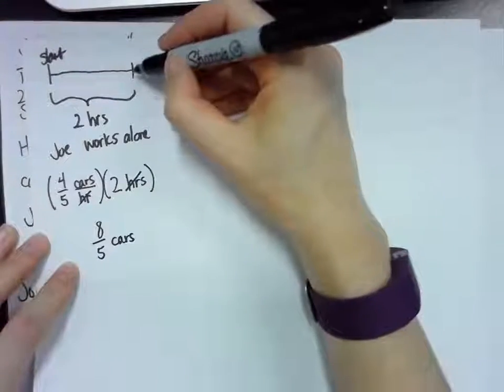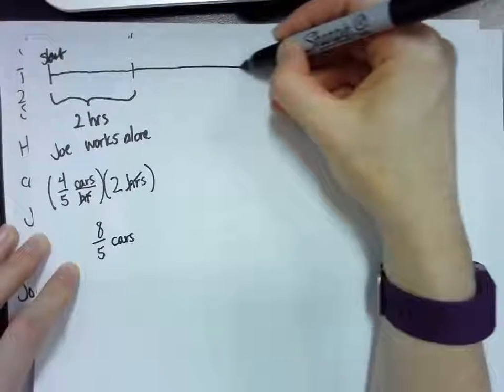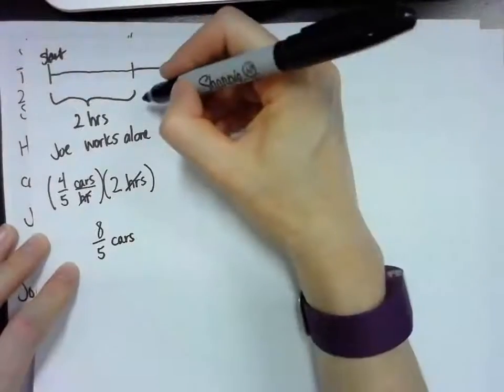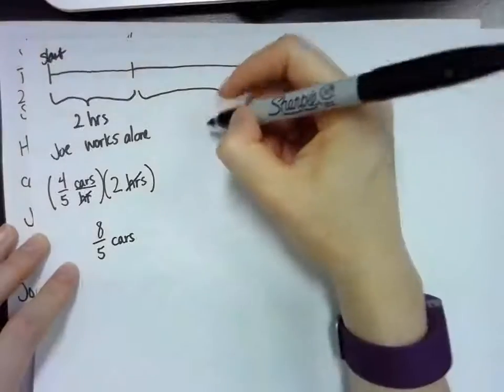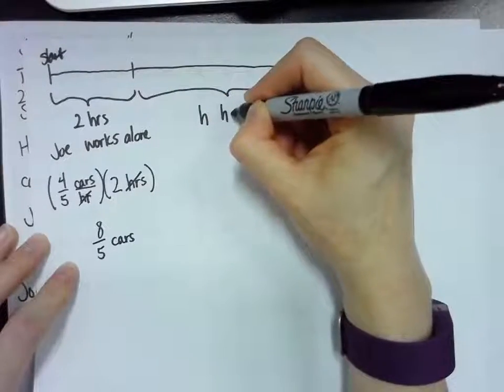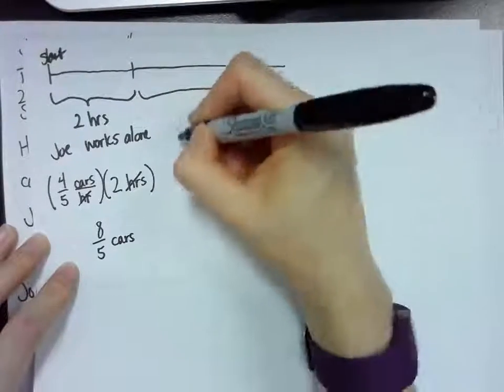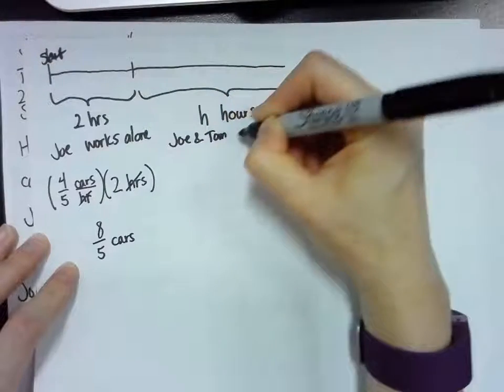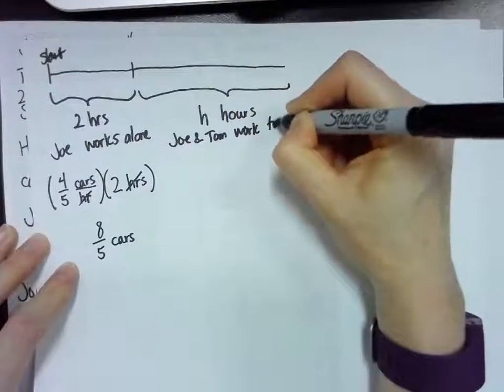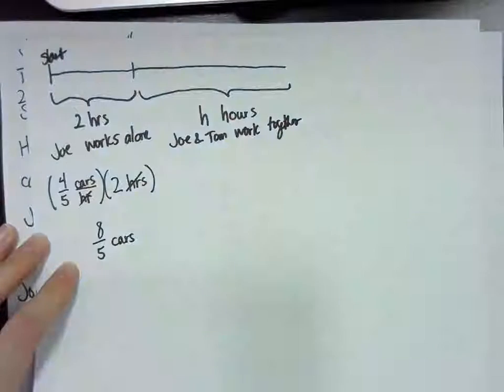Okay, after those 2 hours, Tom joins him. And for H hours, Joe and Tom work together. Okay, so how many cars will they finish when they work together?